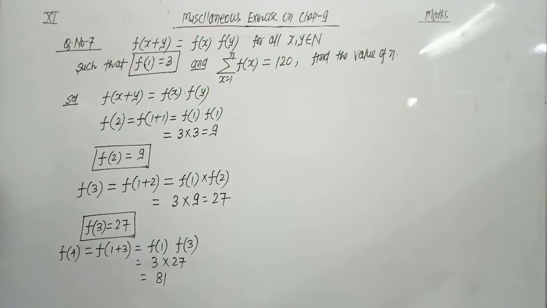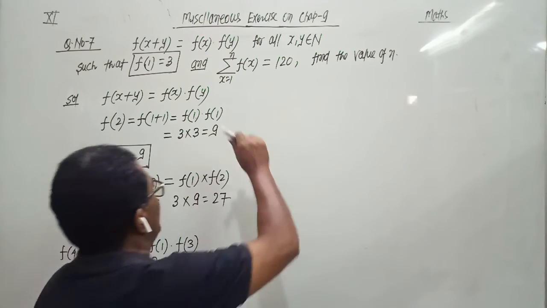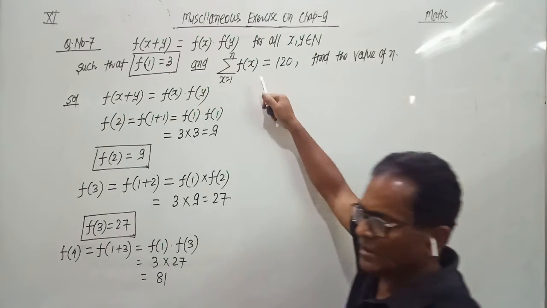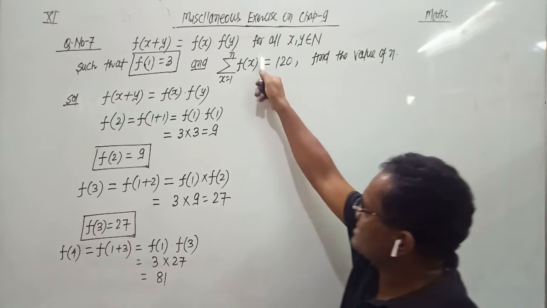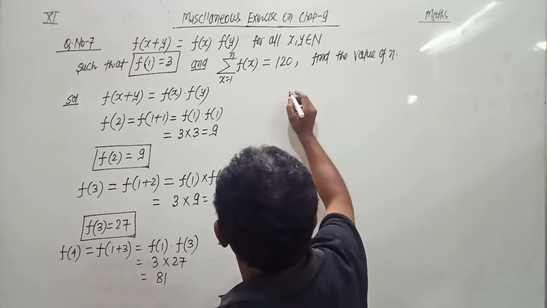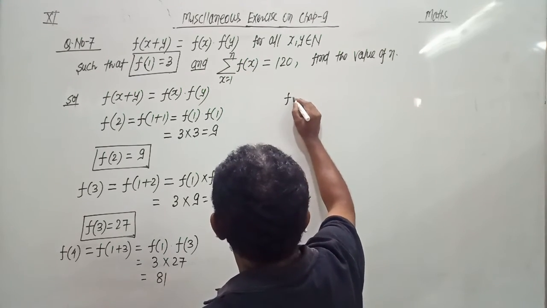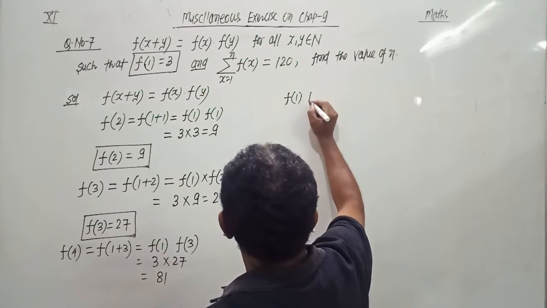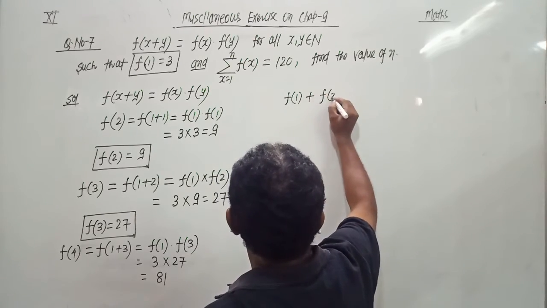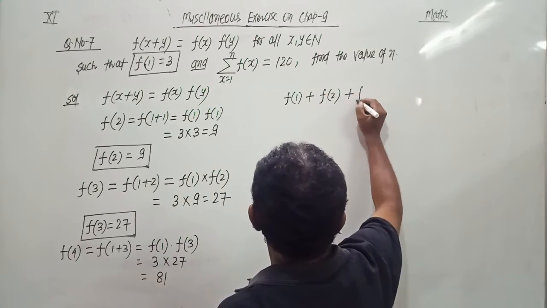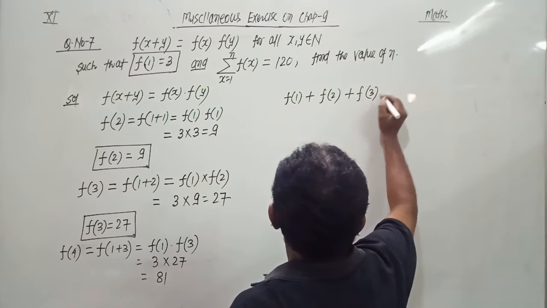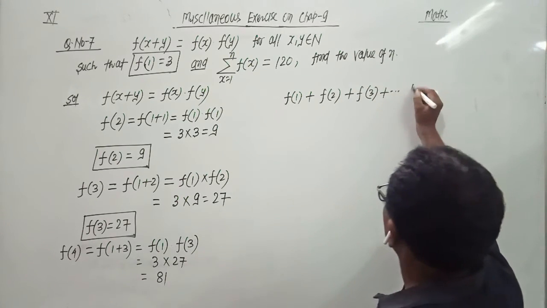Then we have to find the summation of f of x. This summation can be written as f of 1 plus f of 2 plus f of 3 plus up to f of n.